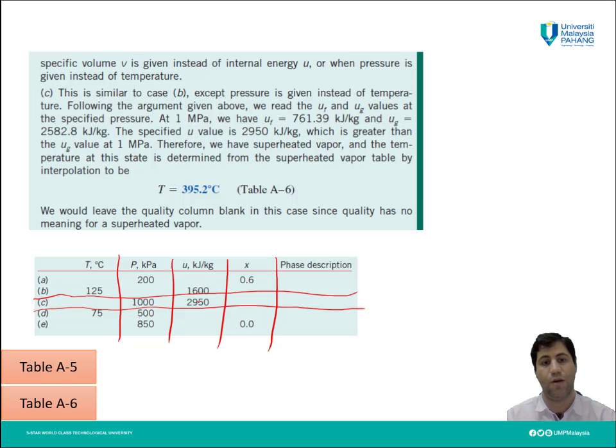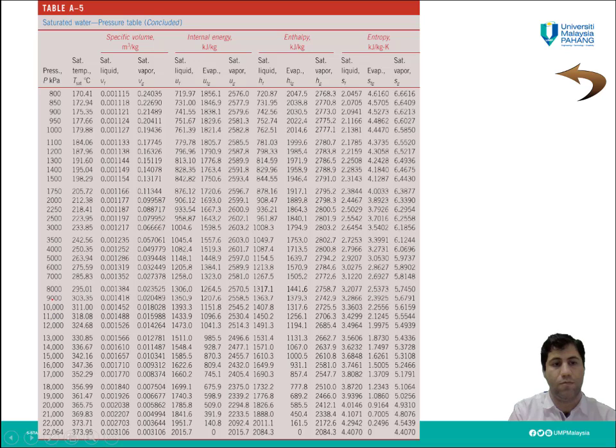Then we need to compare this U, which we have here, with UF and UG for this pressure. Okay, so we have the pressure 1000 kilopascal. So let me just find that 1000 kilopascal. We need to come to this table, and for this pressure, we need to find first of all the temperature.